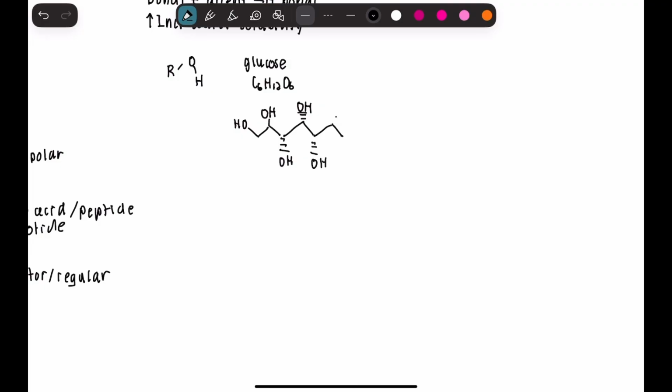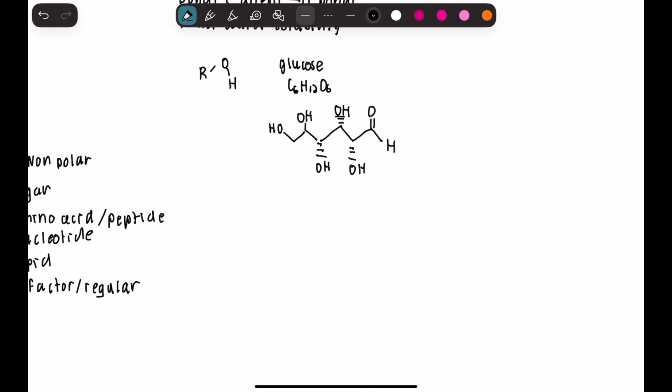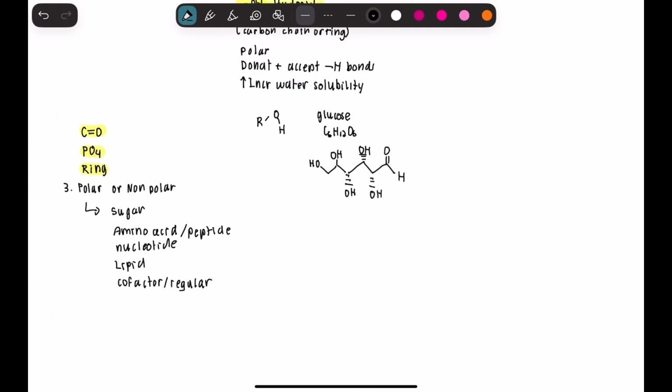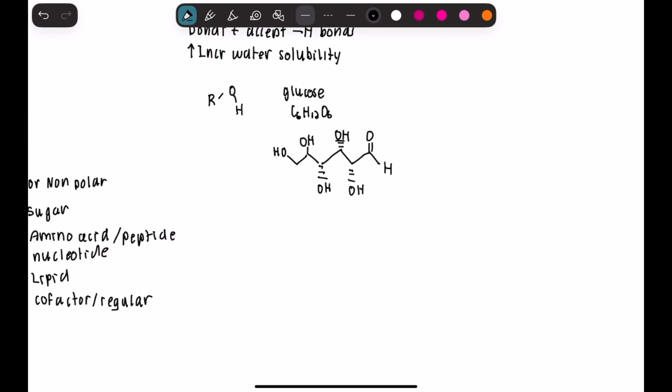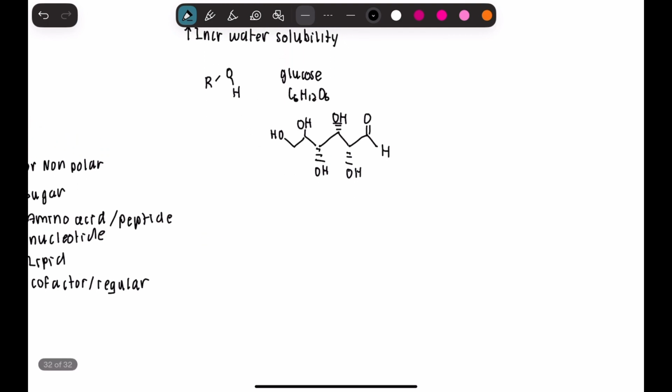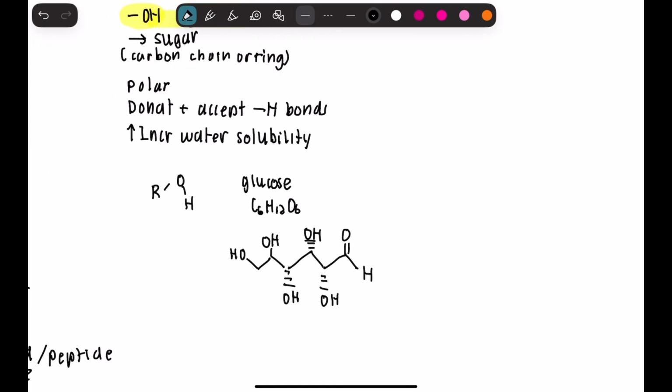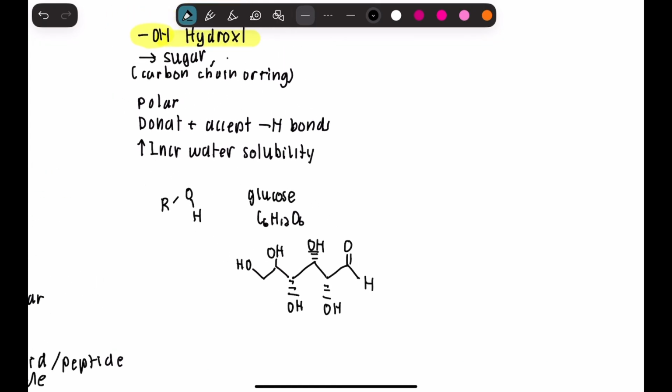OH, O, and H. So it's going to be a carbon bonded to an OH. Just think about trying to identify these dangling OHs. They're usually on sugars or alcohols.